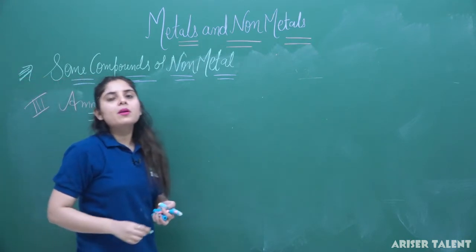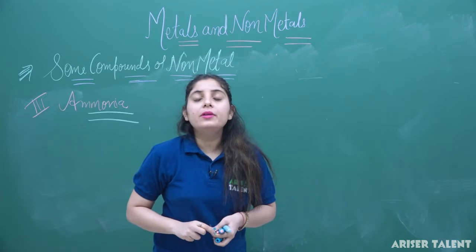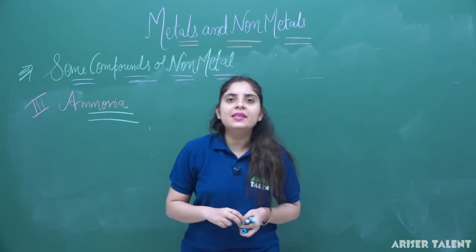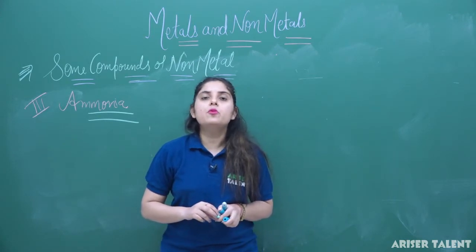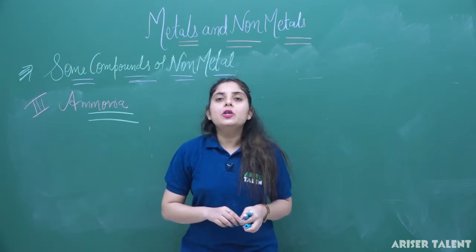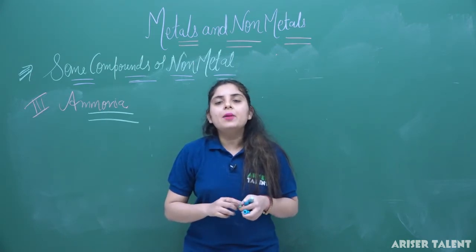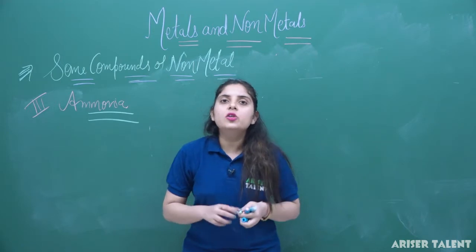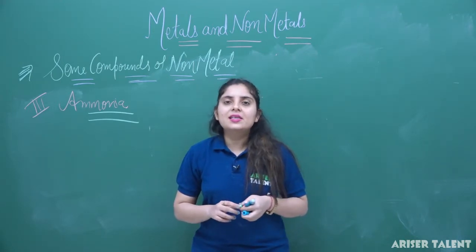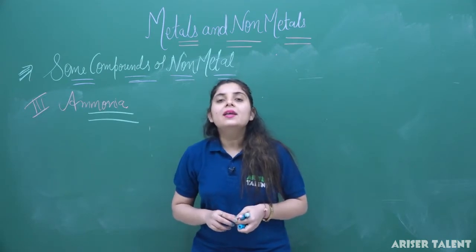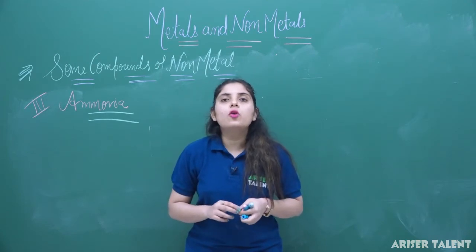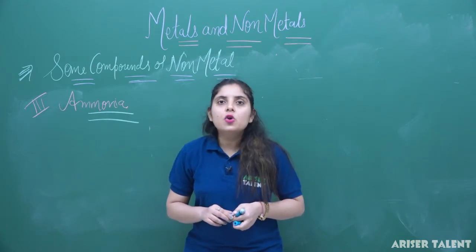This is a very common compound in our day-to-day life. We have already heard about its name. Ammonia has the general formula NH3, and it is basically prepared by the Haber process. Ammonia is used for making many types of agricultural components, that is ammonium sulfate, ammonium phosphate, urea, etc. It is also used as a disinfectant. It is also used in the dye industry, and for medicinal and cosmetic purposes also.